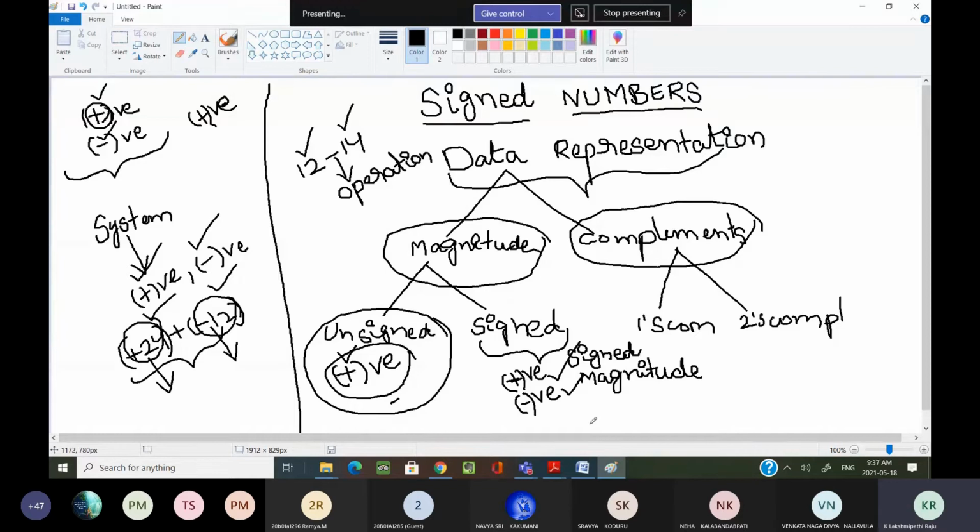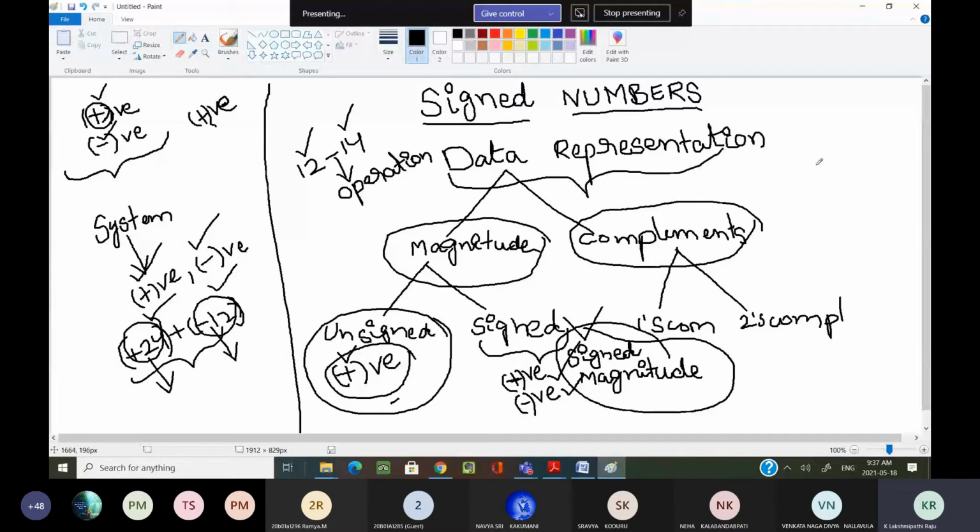Now, sir, how? Can you tell me any example? How can I represent a positive number? How should the system understand if it is a positive number or a negative number? Suppose you are using signed magnitude representation.